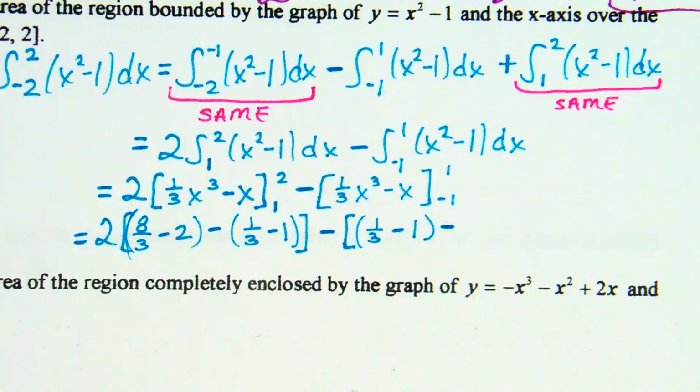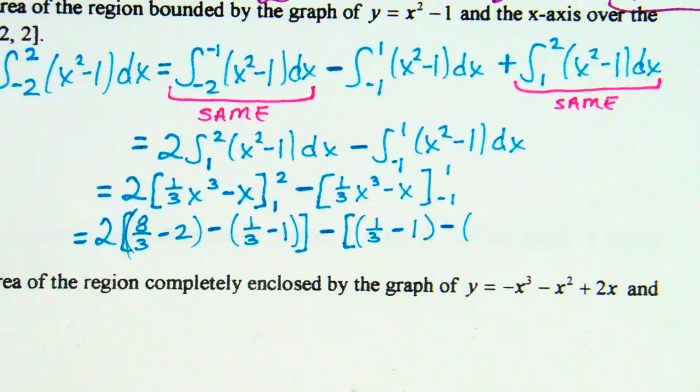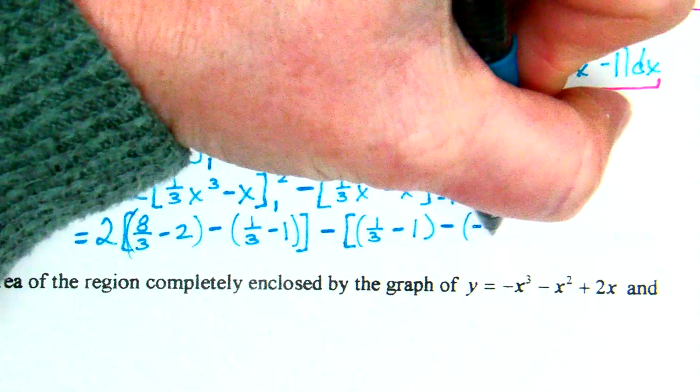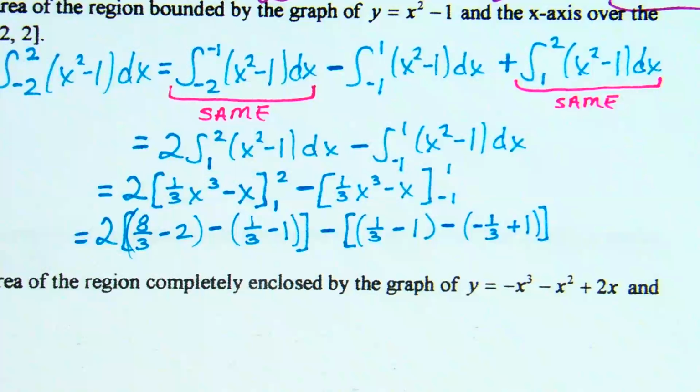I'm going to plug in the second number, which is negative 1. So 1/3 of negative 1 cubed. Negative 1 cubed is negative 1, so negative 1/3 minus, and it's minus negative 1, so that's really going to be plus 1. Can you clean that up without a calculator? You're supposed to be able to, right?